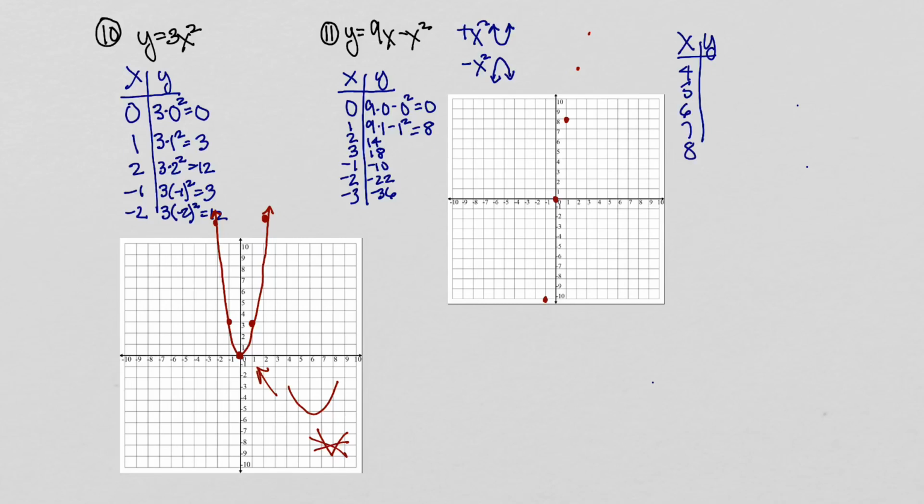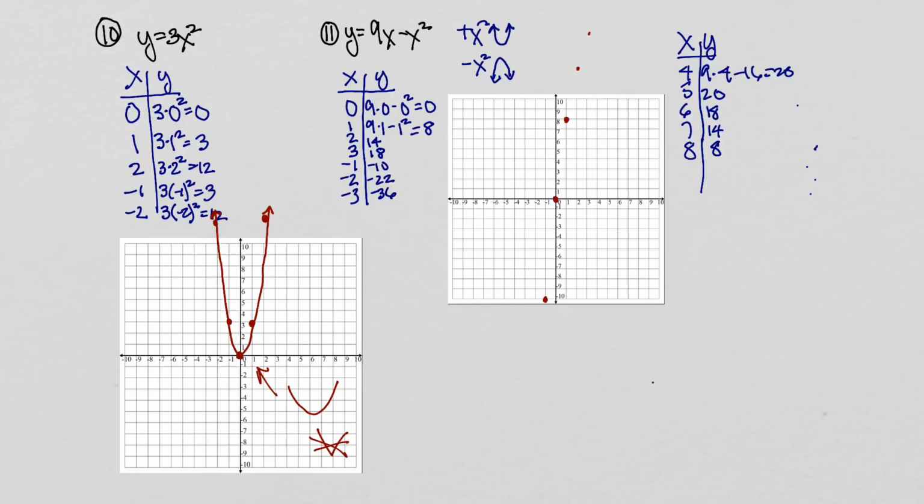So at 4, we're going to get 9 times 4 minus 4 squared. Now that's 36 minus 16, that's going to be a 20. That's still off our graph. So at 5, now I put some of these in. At 5, I got 20 again. At 6, I got 18. Looks like it's coming back down. At 7, 14. At 8, I'm at 8.